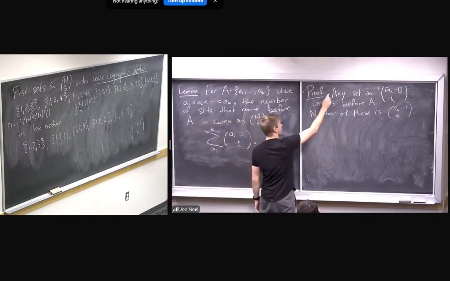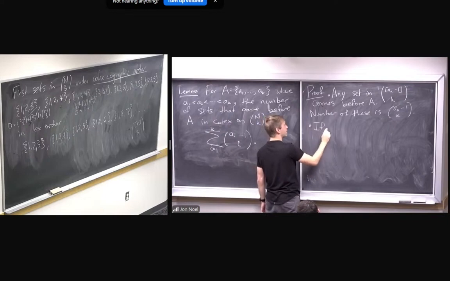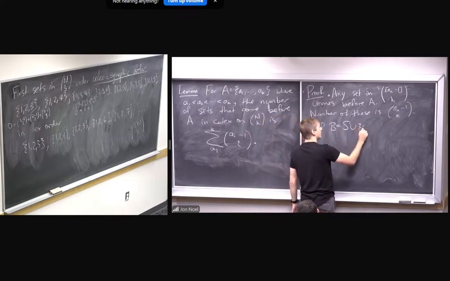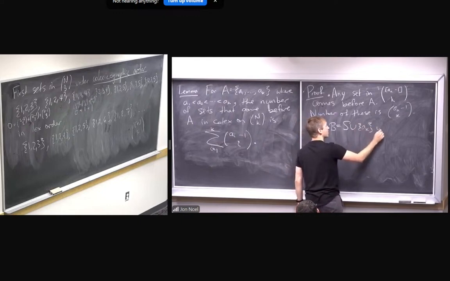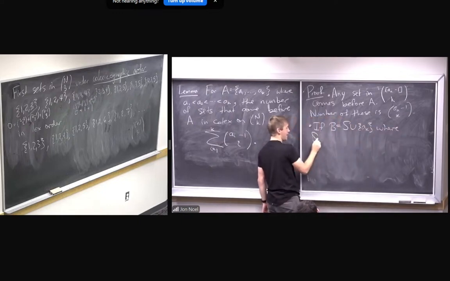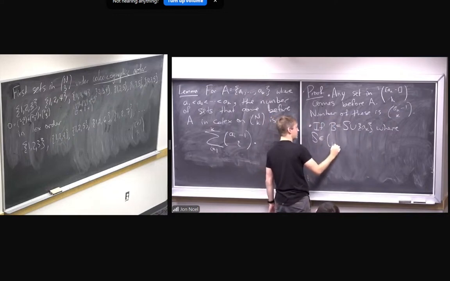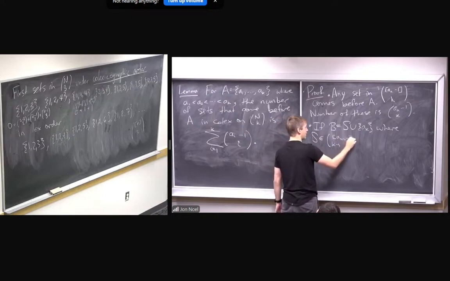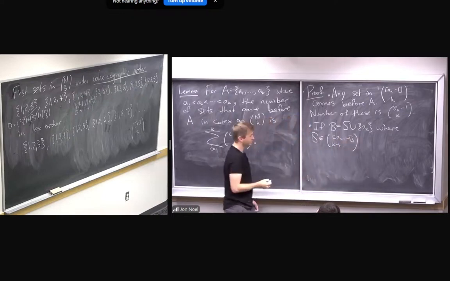So a next case to consider is if I have a set of the form S union AK, where S is a set of size k minus 1 whose largest element is less than AK minus 1.